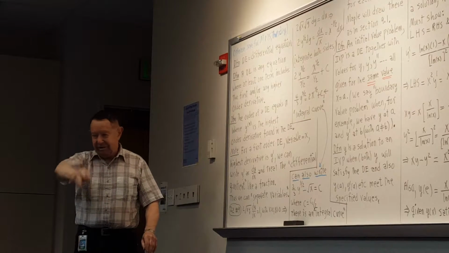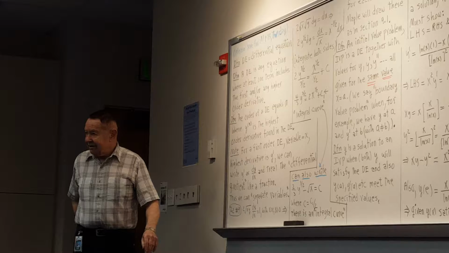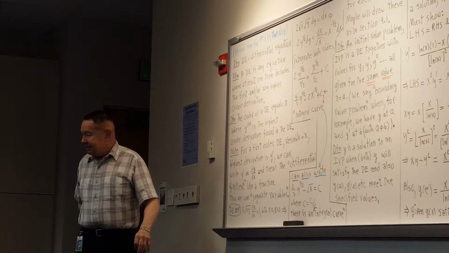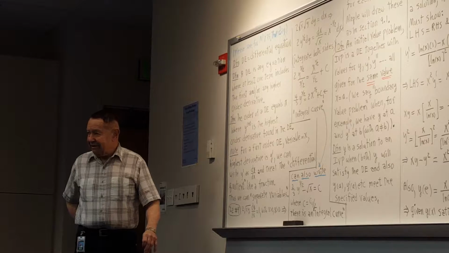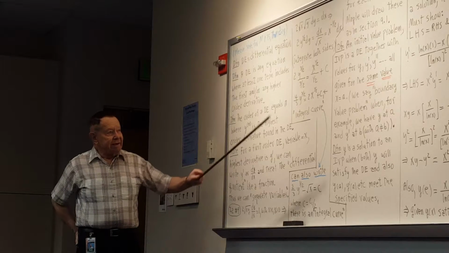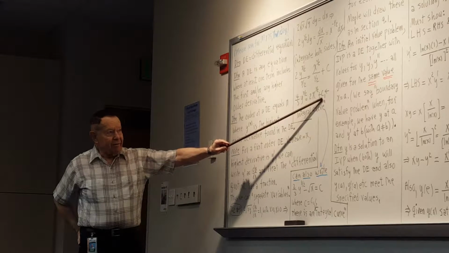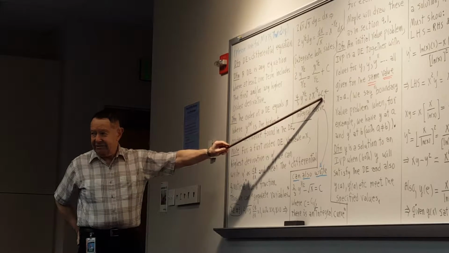I'll show you some Maple handouts in just a minute that'll explain this idea better than I can say it. But you don't know specifically what value to take here.